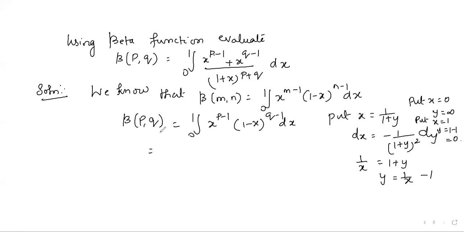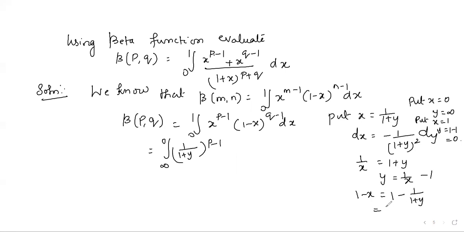Therefore beta of p comma q will become, the lower limit will become infinity, upper limit will become 0, and the x I have to take as (1 by 1 plus y) whole power p minus 1. So what will be 1 minus x? x is equal to 1 by 1 plus y, so 1 minus x will be equal to 1 minus 1 by 1 plus y.